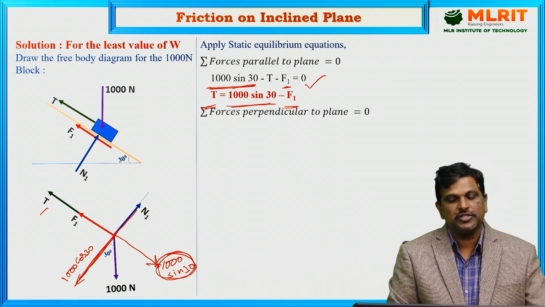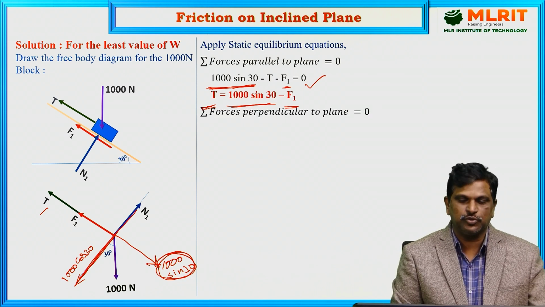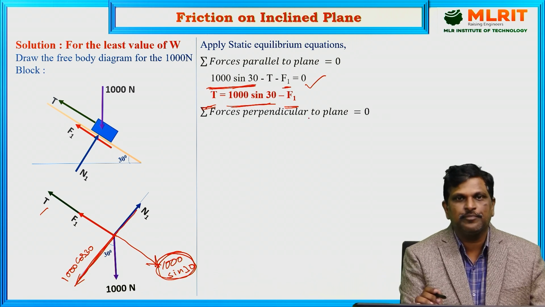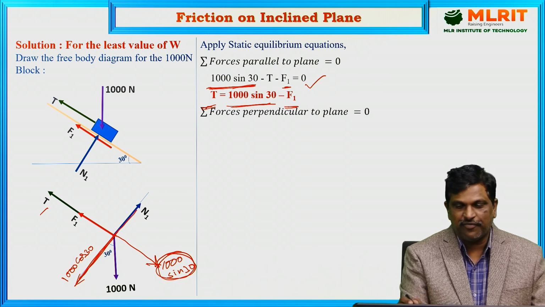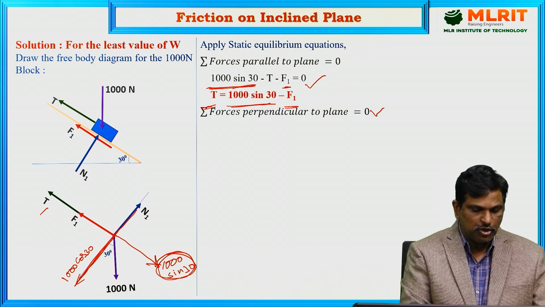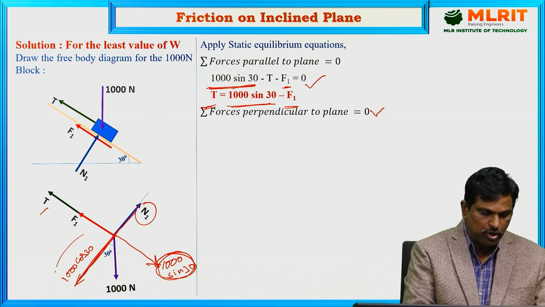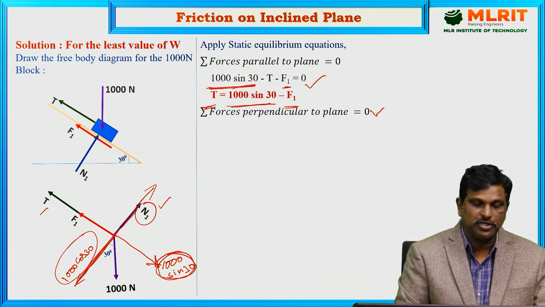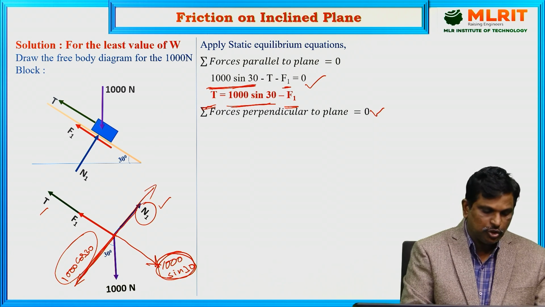Now resolve the forces perpendicular to the plane and equate it to 0, because the sum of all components of forces perpendicular to the plane will balance themselves, and the final effect should be 0, because the body is under equilibrium. Perpendicular to the plane we have only two forces. One is N1, acting in the upward direction perpendicular to the plane, and 1000 cos 30 acting in the downward direction.